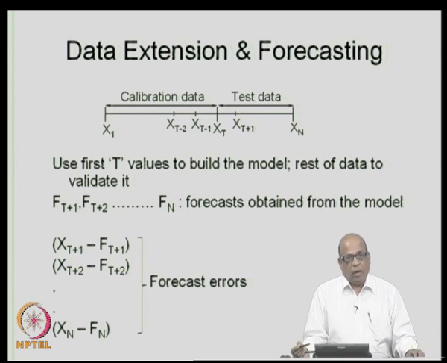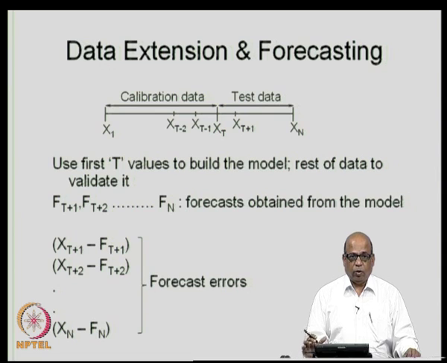Now, in the absence of any method, let us say that we do not have any mathematical or statistical methods available with us, all we have is the observed data, and we would like to say this is the forecast for the next time period. What are the procedures that we may use?